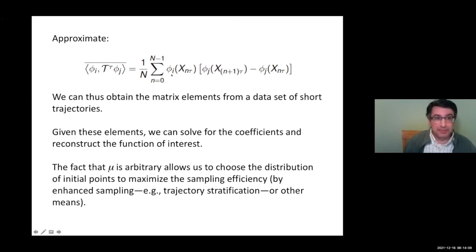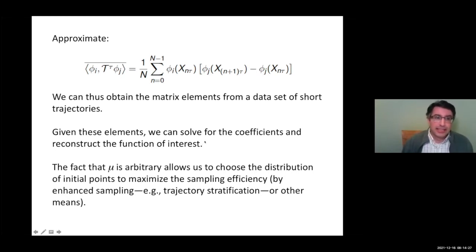Then we multiply by phi i, that's this part, and then we sum or average, and that's the bracket. Basically, from the statistics of trajectories, we can estimate these matrix elements. We can then solve the linear algebra problem, get the coefficients, and reconstruct the kinetic function of interest, like the committor.